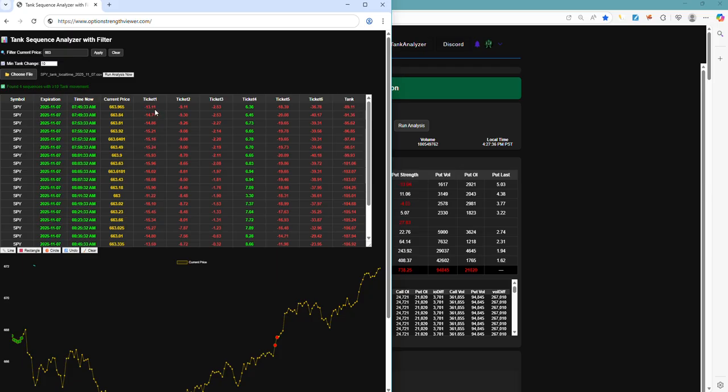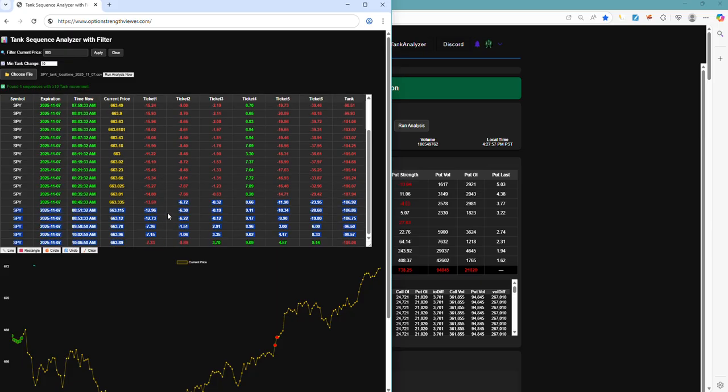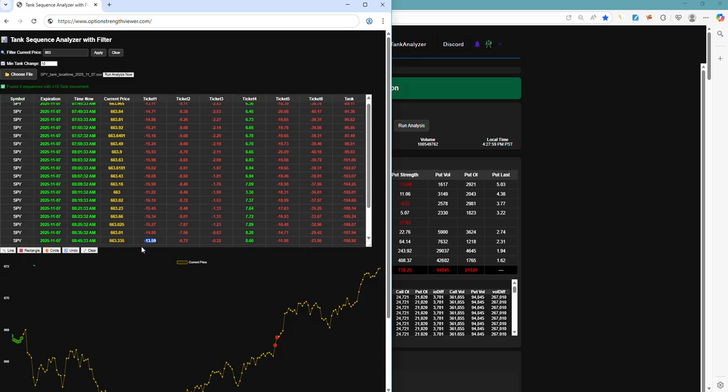Then we want to look at the highest number in this block here. The highest number was almost 16. We reached 1610 at 819, and 15 minutes later, it's losing strength in puts. It's at 1359. So ticket 1 is actually losing. So they're all losing strength in puts, and 4 is already at positive.